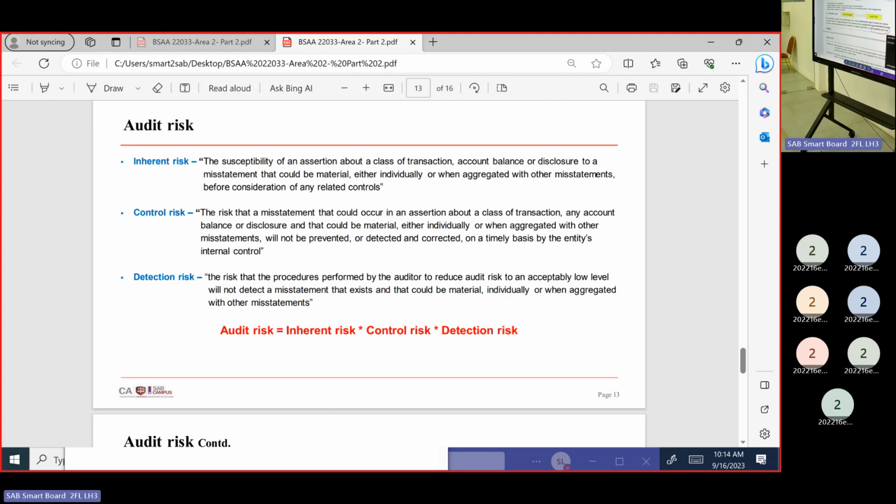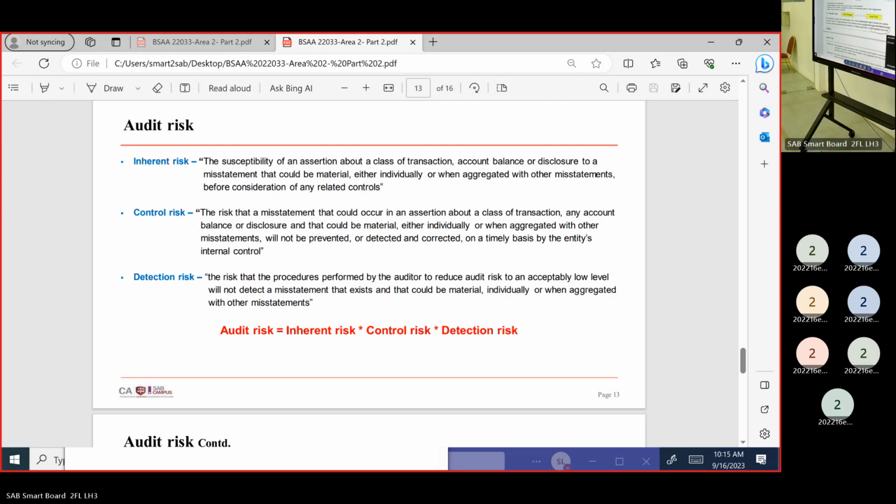Keep in mind that inherent risk and control risk are related to the auditee, while detection risk is related to the auditor. It means client, right?